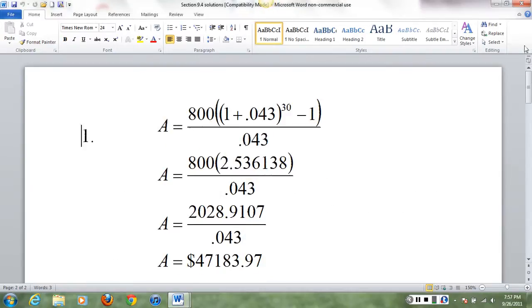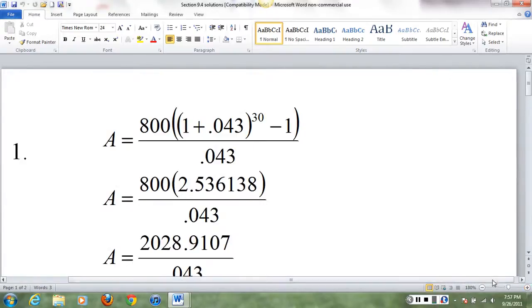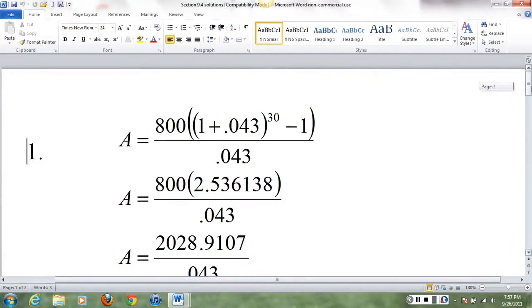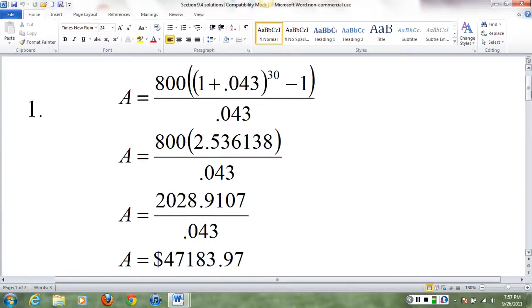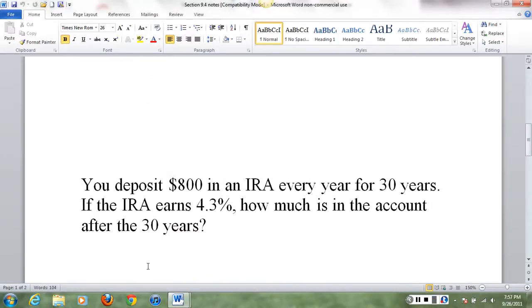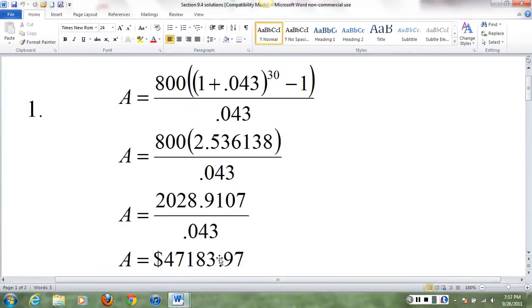And here is that example. Let me zoom in a little bit better. So I put in my P, 800, that's deposited at the end of every year. My rate, 4.3%, now as a decimal, is 0.043, and the exponent is 30.